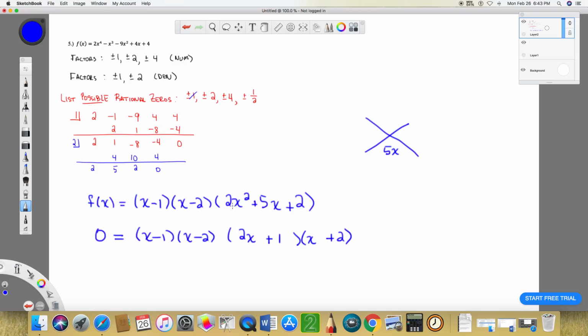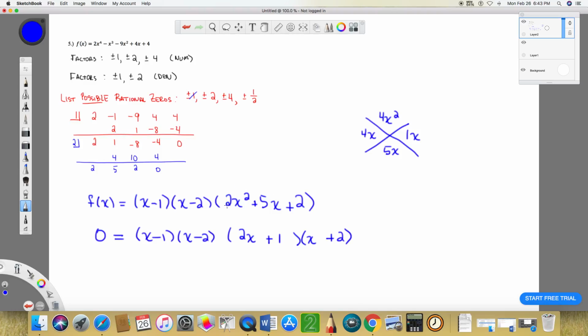I usually do it off to the side just so I don't clutter up all of my work. The first term times the last term goes at the top of the x. And you want two numbers that when multiplied together give you the top expression, but when added give you the bottom. And 4x times 1x does the trick.